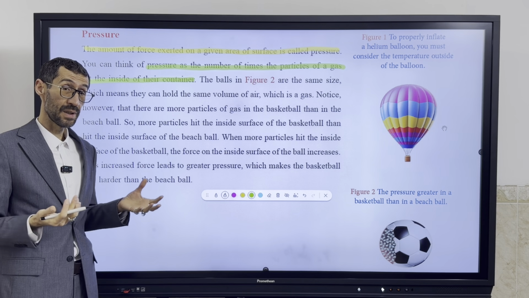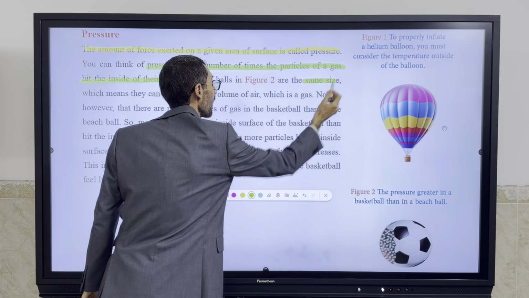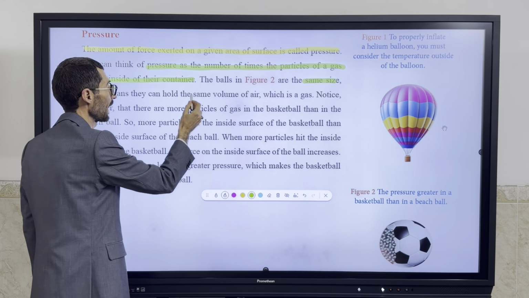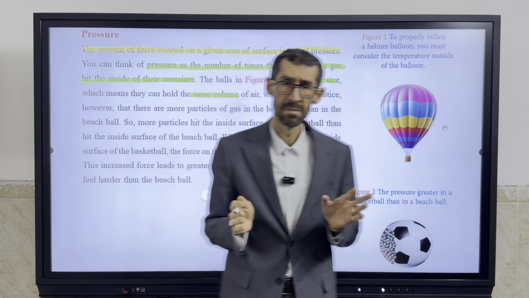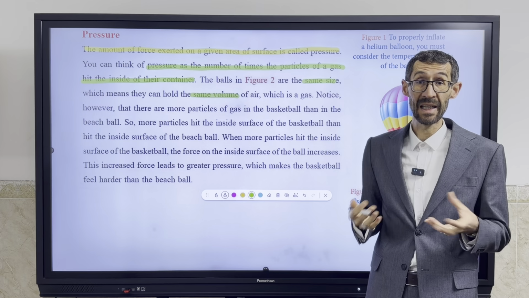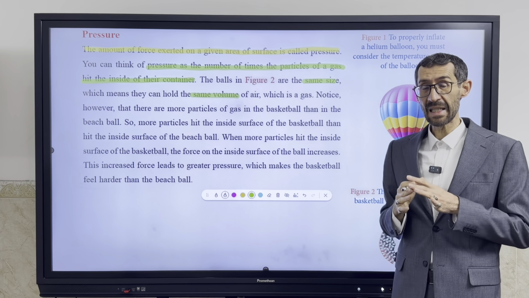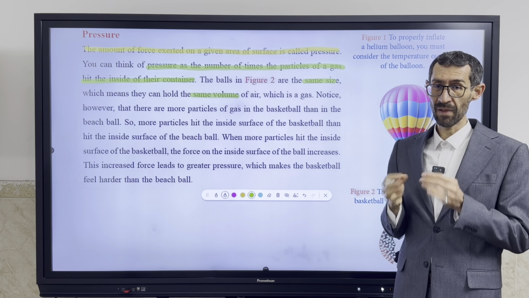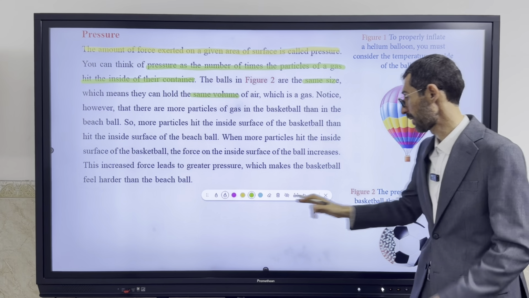I explained it in previous lessons: size means volume. In our daily speech we use size, but in science, instead of size, we use volume. That's why size is equivalent to volume, right?